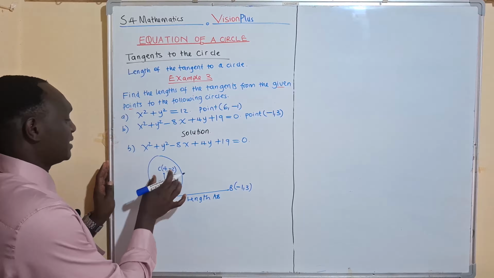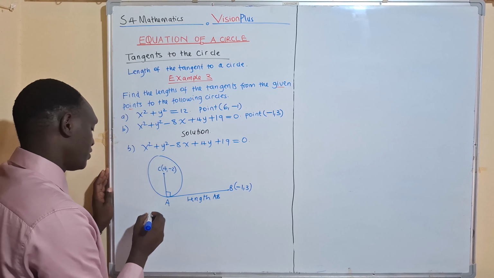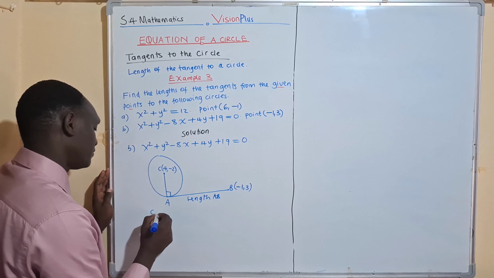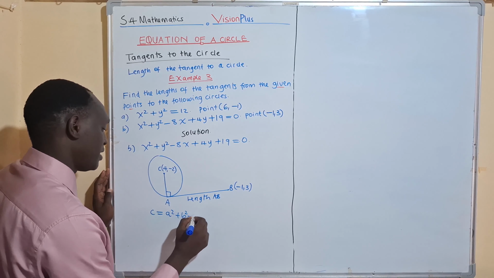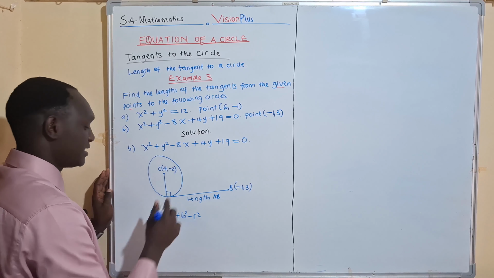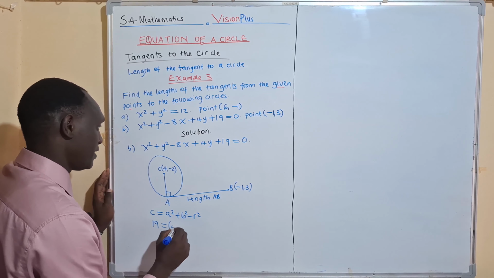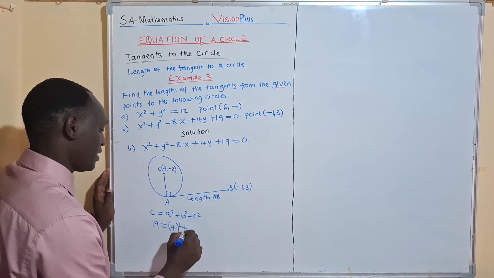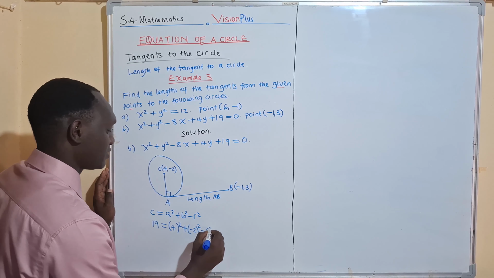How do we get the radius when you are given the expanded equation of a circle? You have an equation that says a squared plus b squared minus r squared gives us c. What is c? C in this case is positive 19. So 19 equals, what is a? A is 4, squared, plus what is b? B is -2, squared, minus r squared.